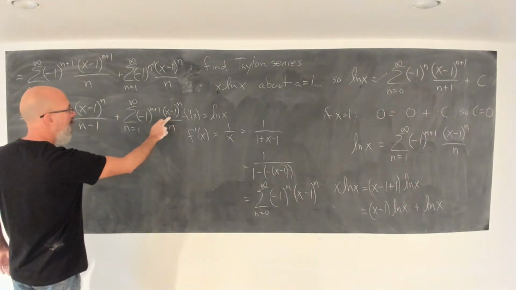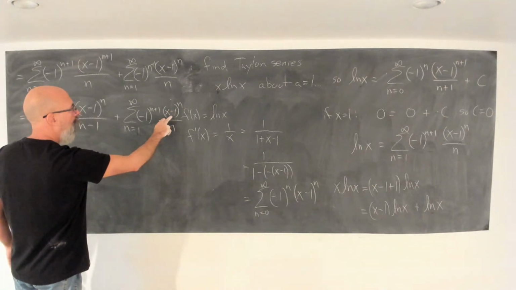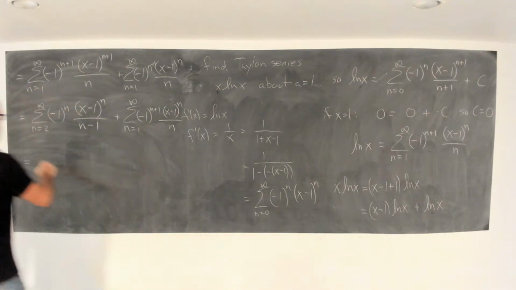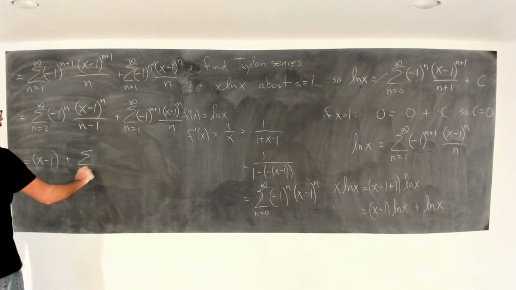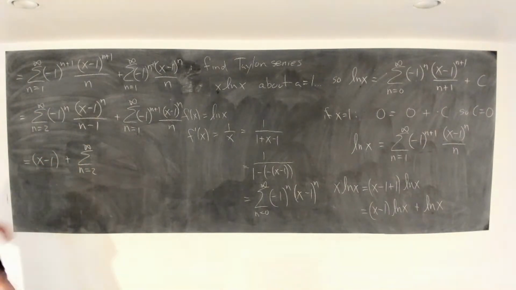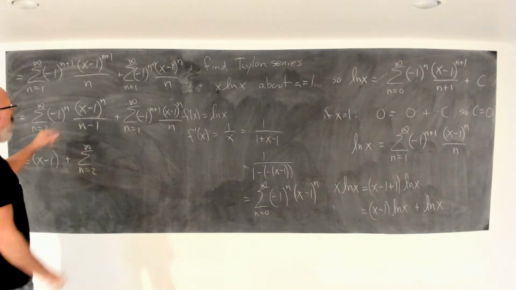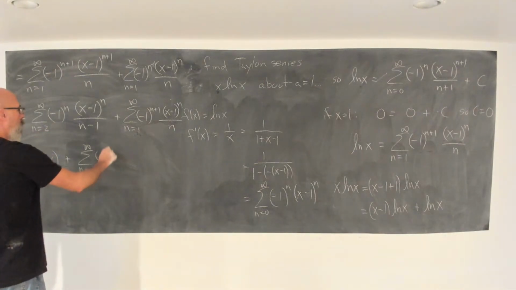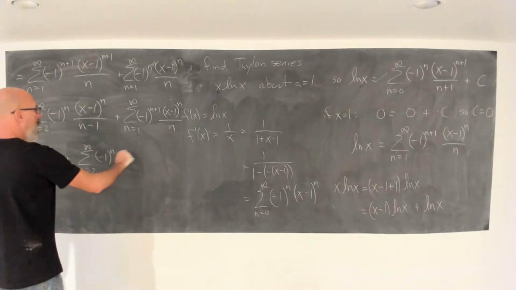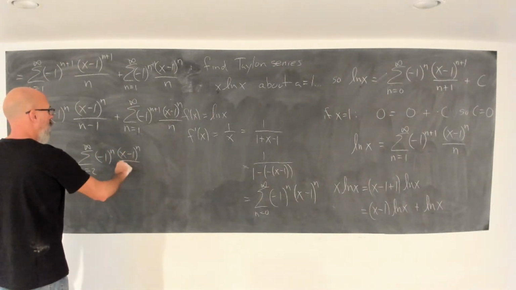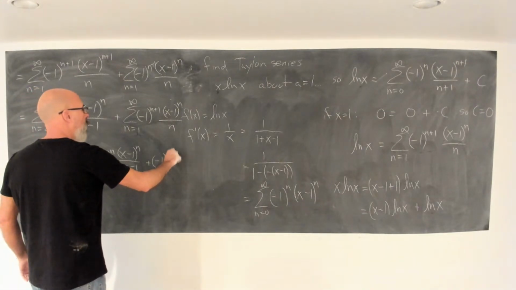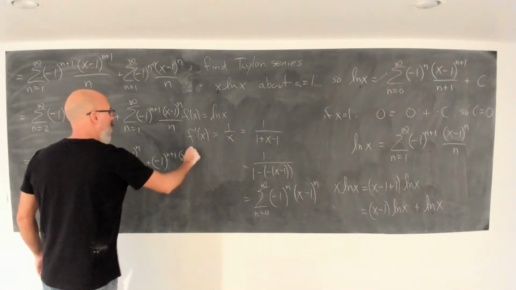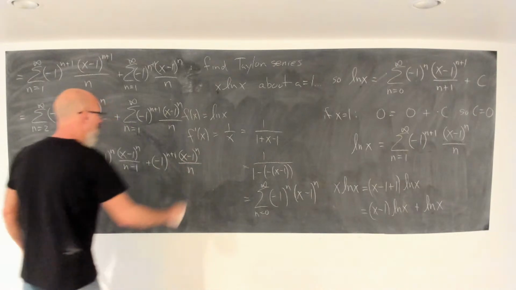So when n is 1, you have x minus 1 plus the sum starting at 2. Well, let's say this. Negative 1 to the n, x minus 1 to the n over n minus 1 plus minus 1 to the n plus 1, x minus 1 to the n over n.